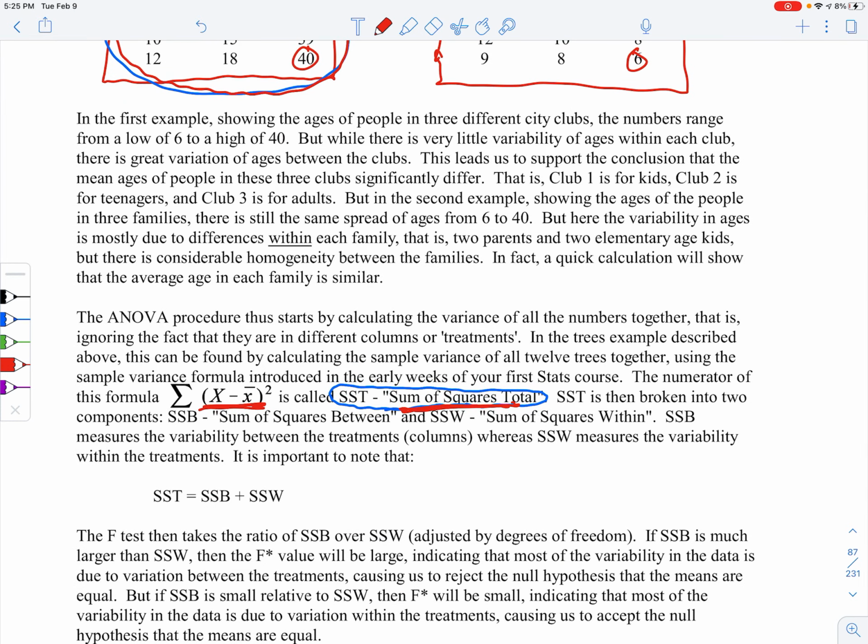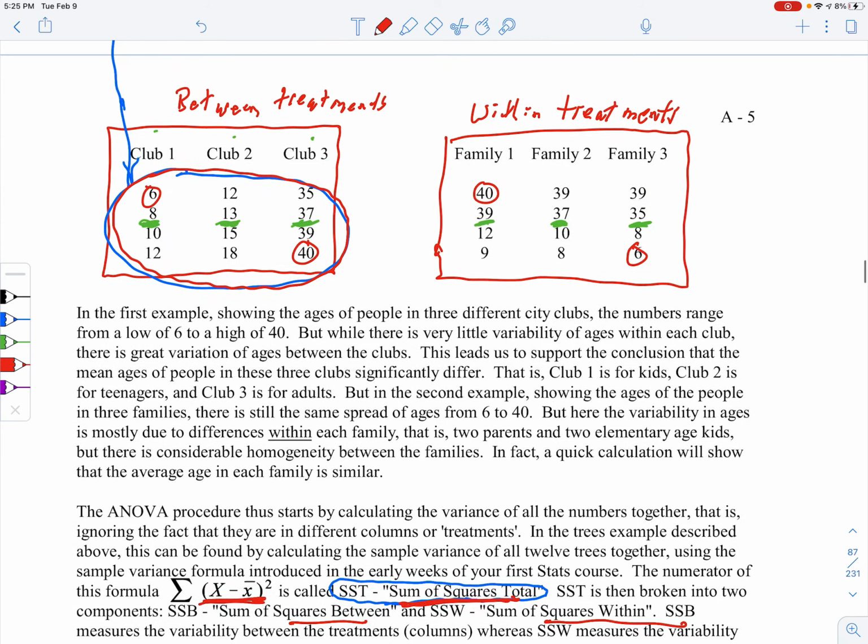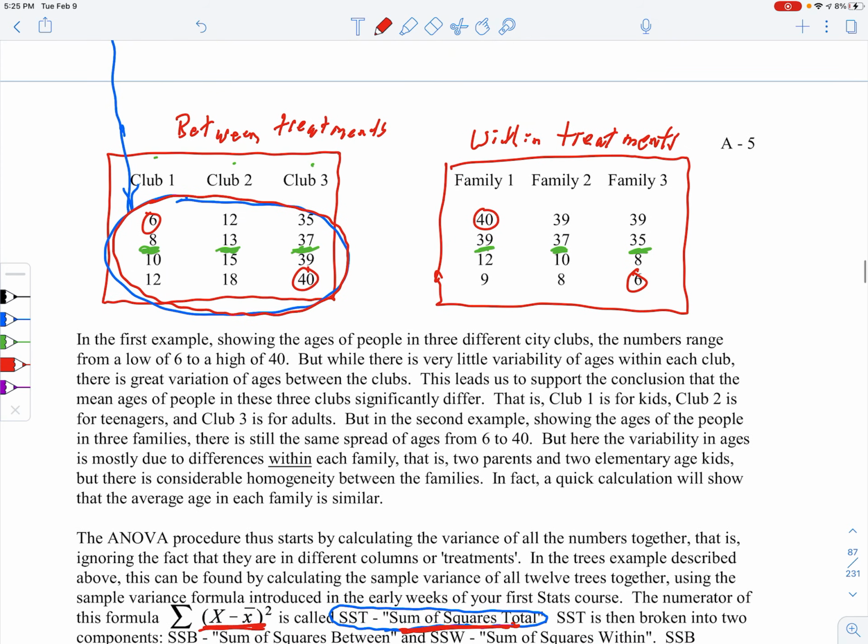And we break it into two components called the sum of squares between and the sum of squares within. So SSB and SSW. SSB is how much of this variation of all these numbers together is because there are big differences between the treatments, or in this case, between the clubs.